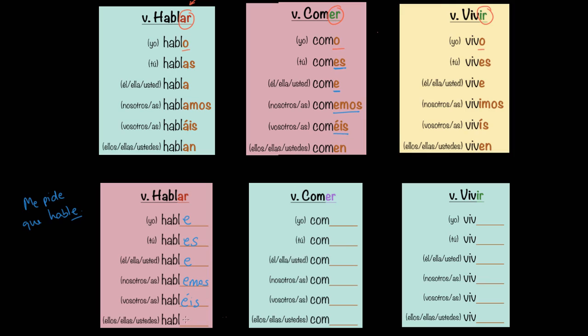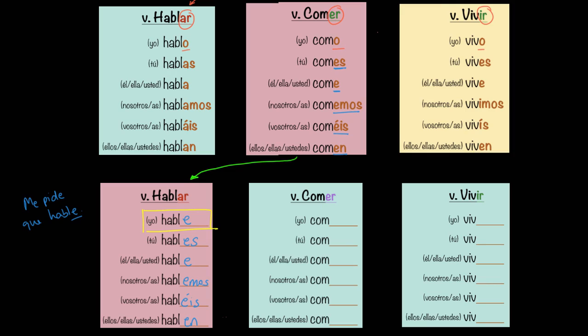And que ustedes o ellos hablen. Look at this. What's happened here is that, other than in the I form, the endings of the present indicative of the ER verbs are used for the AR verbs. And then what do you think may happen with the ER verbs?